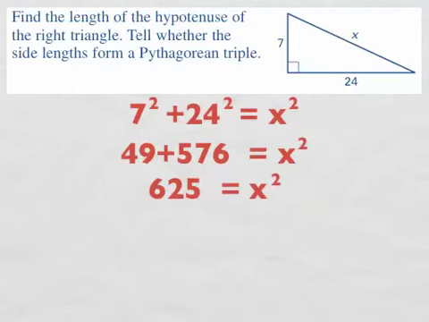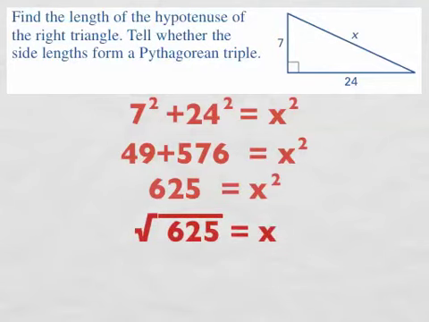Remember, to get x by itself, or to get rid of x squared to just get an x, you have to take the square root of both sides. The square root of x squared is going to cancel the squared and the square root out, so you're just left with x. But then we also have to take the square root of 625. 625 is a perfect square.